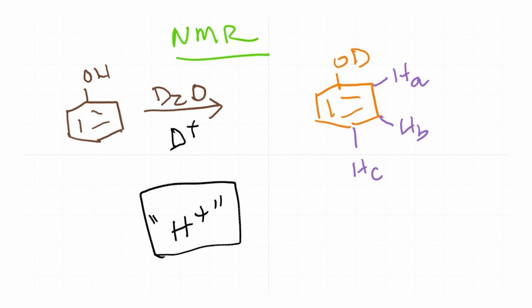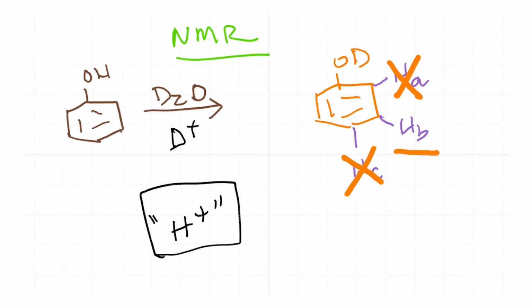However, when you go and record the NMR spectrum, what ends up happening is that you don't see a peak for HA and you don't see a peak for HC, but you only see a peak for HB. Now remember that we discussed the replacement of hydrogen by deuterium and how that's going to have an effect on the absence of a signal.